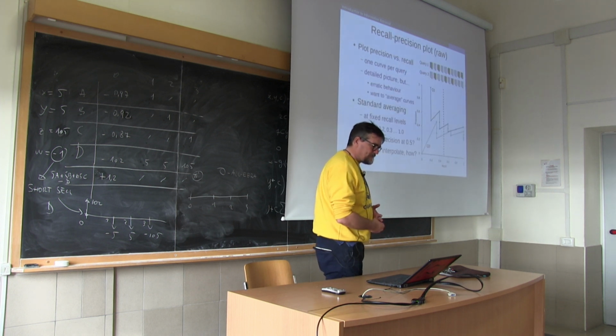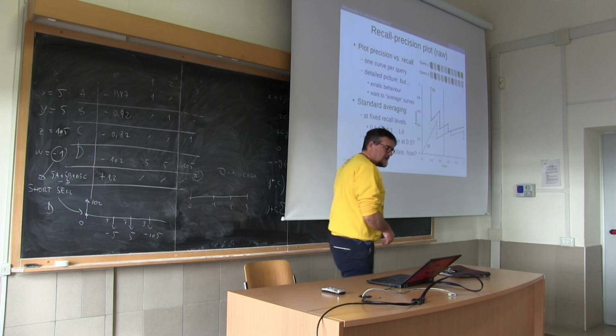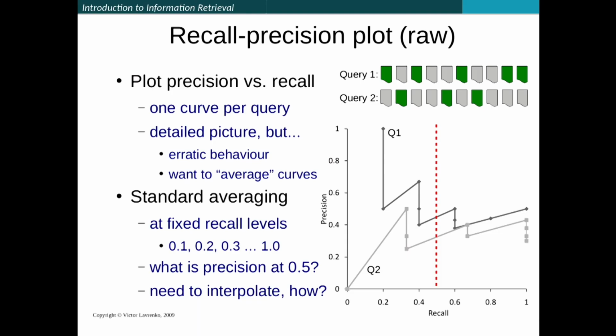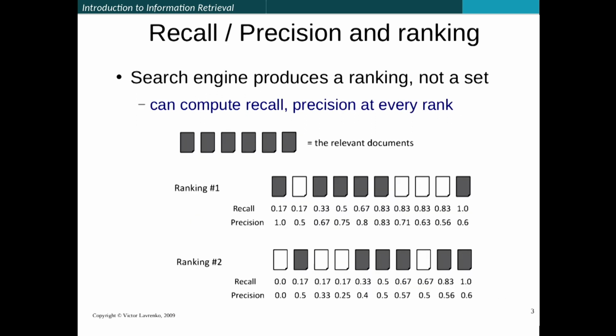Good. So now I can plot a curve in which I have recall and precision for all the documents. Simply, I keep those values and I plot precision and recall for both systems.